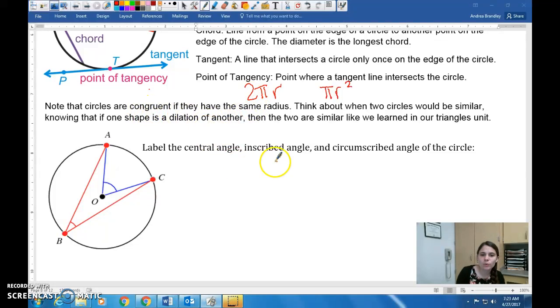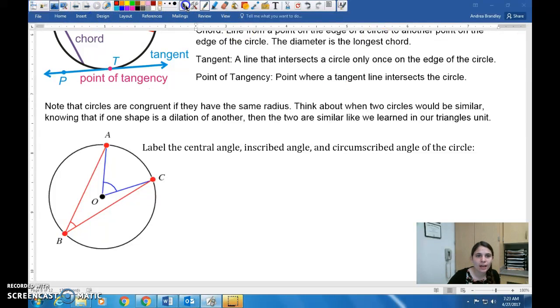So if we think about that with circles, if the only thing that can change is the radius, then two circles are always going to be similar because you just multiply the radius by a scale factor, and since they're all relative to each other through pi, every circle is similar to every other circle. So that's an interesting fact.